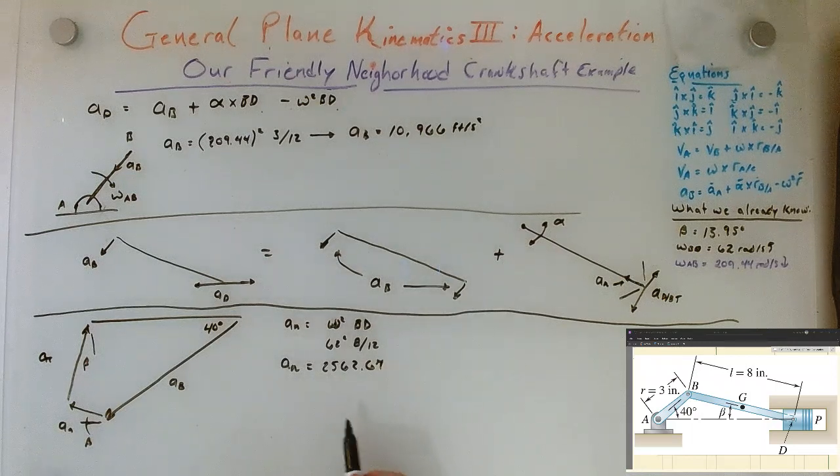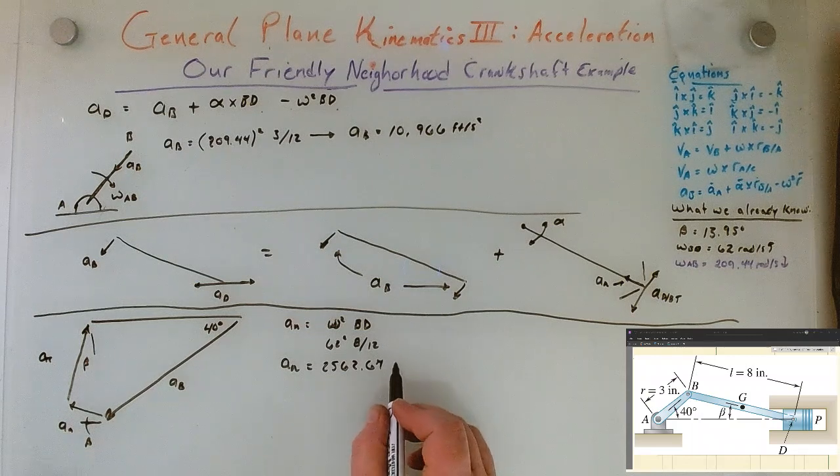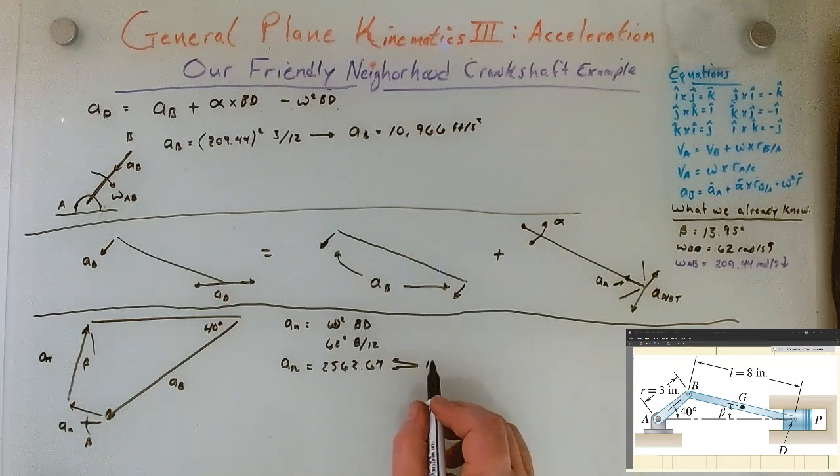And let's go ahead and make this directional, right? So this, we're going this way, right? That is our angle, and that is 13.95 degrees.